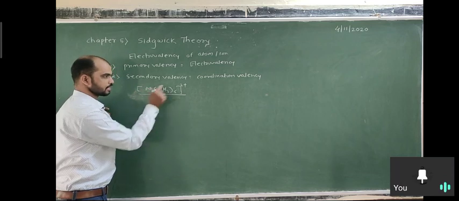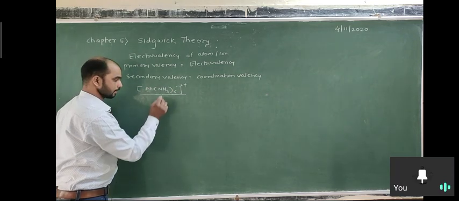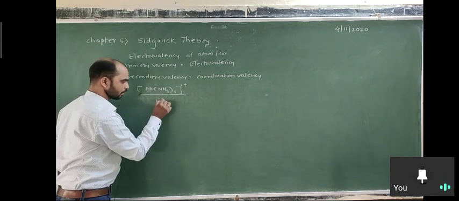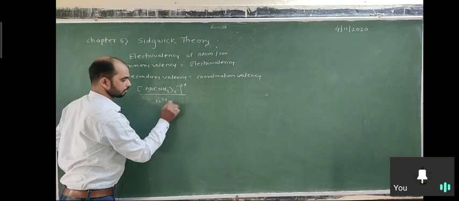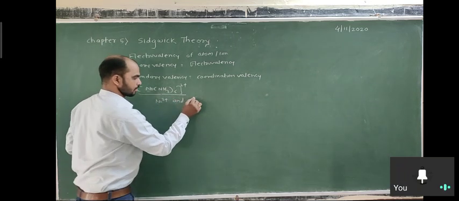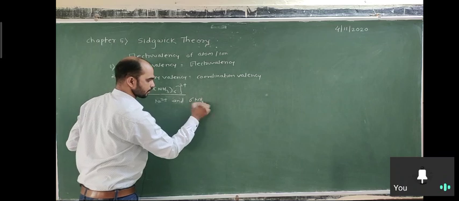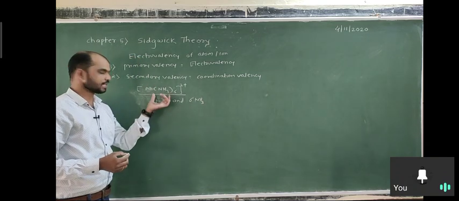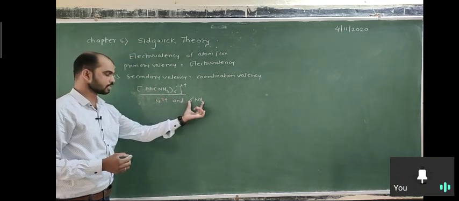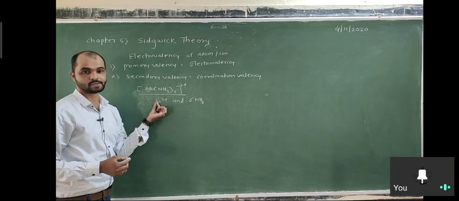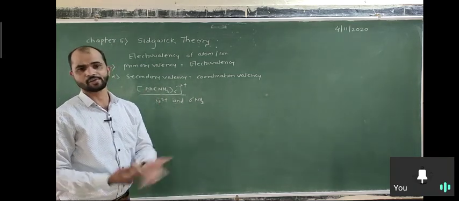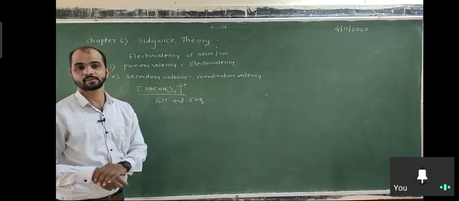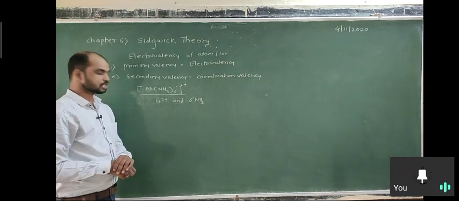Here Ni is present in the +2 oxidation state, that means Ni2+ is present, and with that 6 NH3 molecules are present. So why only 6 molecules here? Only 6 molecules are attached to the Ni2+ and form coordinate bonds. Why not 5? Why not 7? How many ligands will be attached?